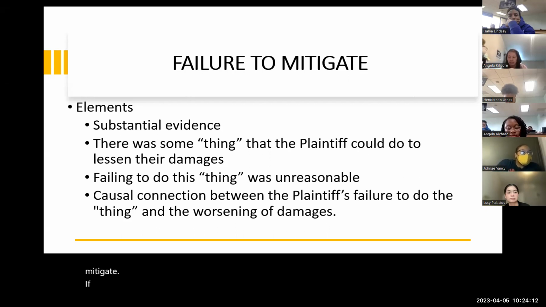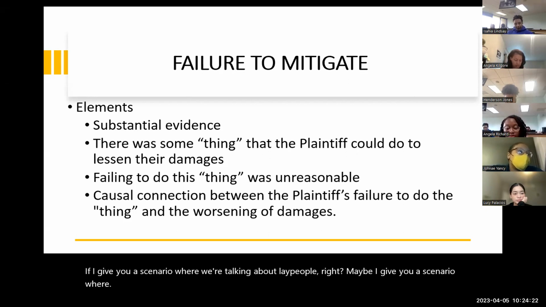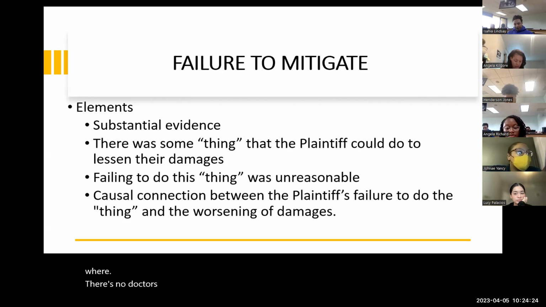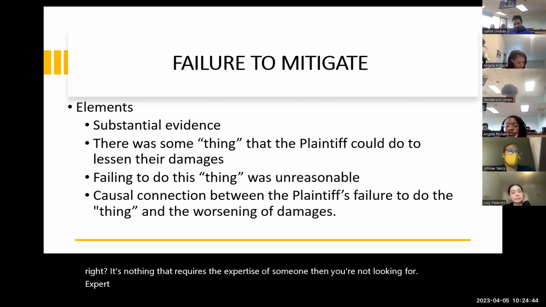If I give you a scenario where we're talking about lay people, maybe where there's no doctors involved, no surgery involved, no physical therapy involved, nothing that requires the expertise of someone, then you're not looking for expert testimony to provide your substantial evidence.